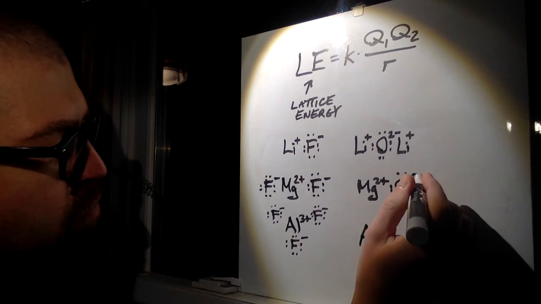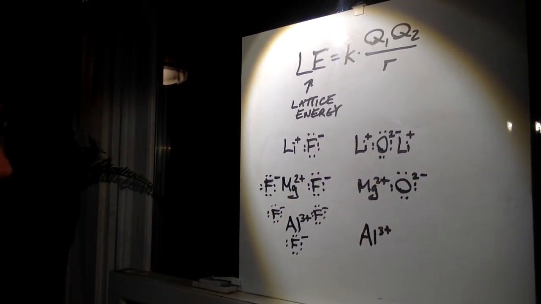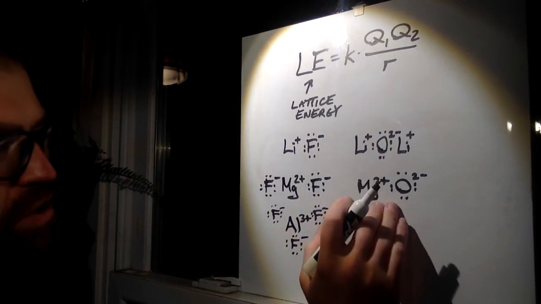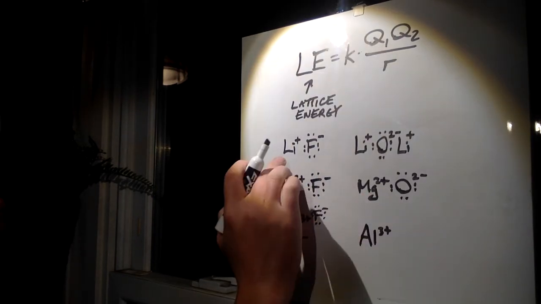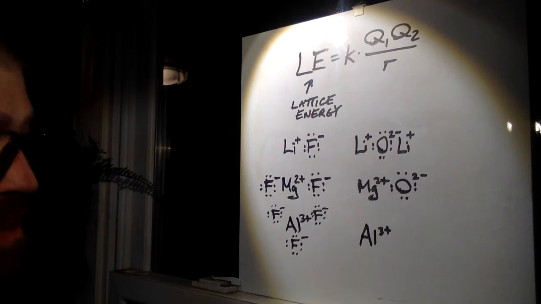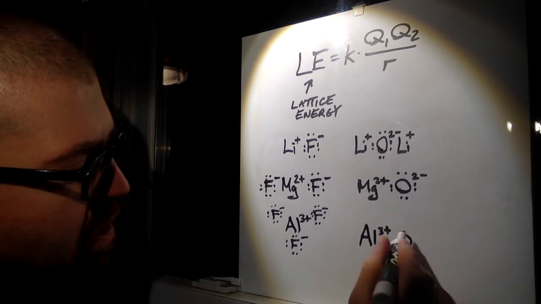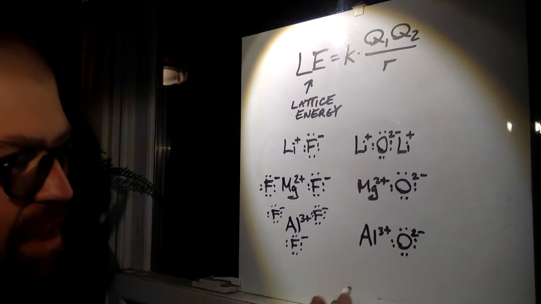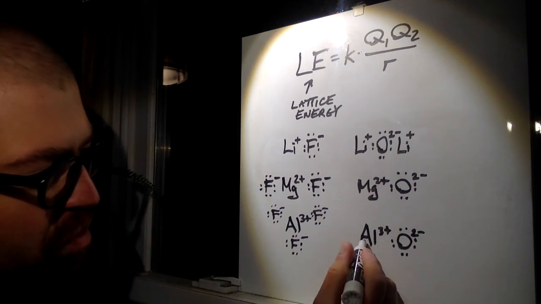How about this scenario, though? Of course, we'd only need 1 oxide to 1 magnesium ion. But this scenario would actually have 4 times the attraction. Looking at our equation, it would have 4 times the attraction, all other things being constant, in comparison to lithium fluoride. And if we draw oxide over here, we'd need a bit more. So here I have aluminum 3 plus.